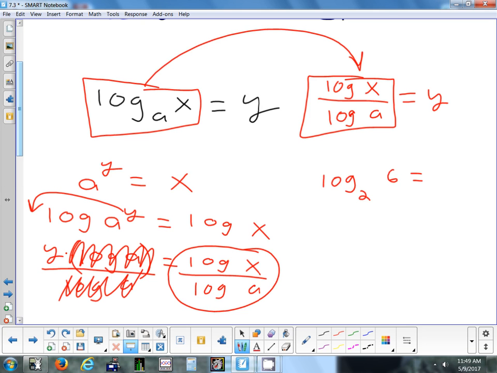How could you rewrite that? Log of the argument divided by log of the base. That's how you would type it in on the calculator. Log 6 divided by log 2.